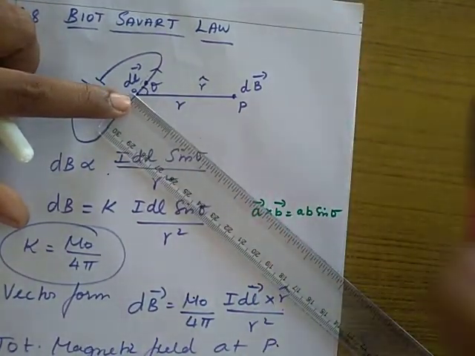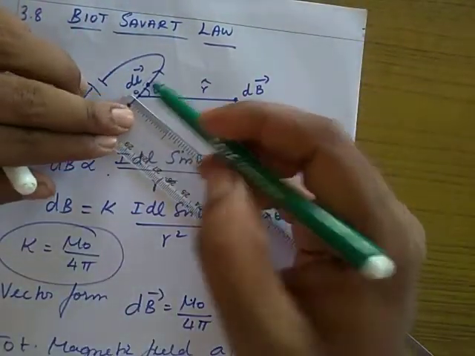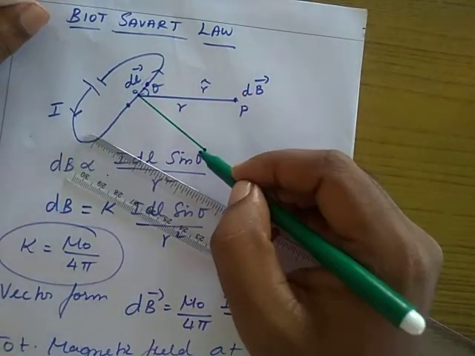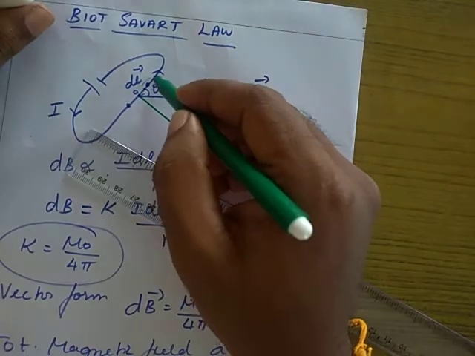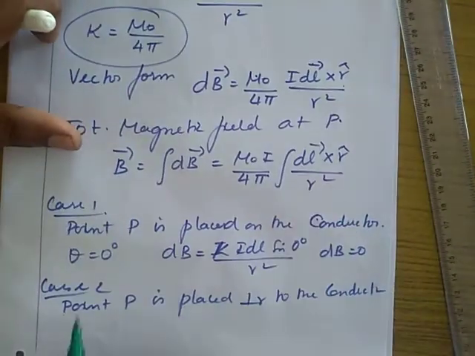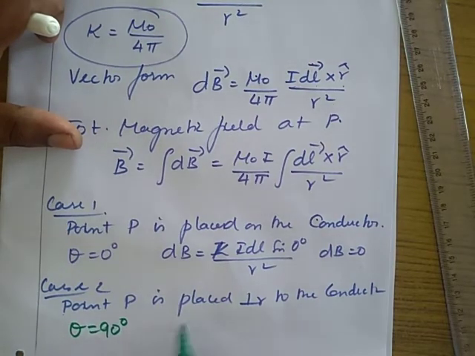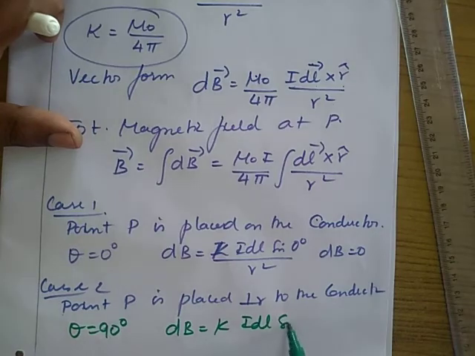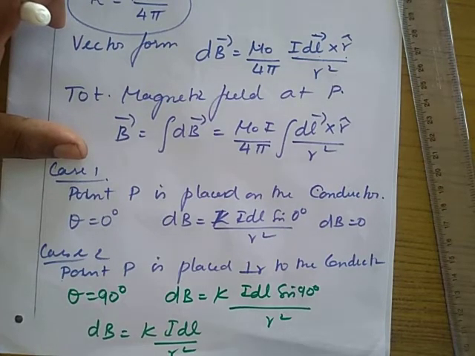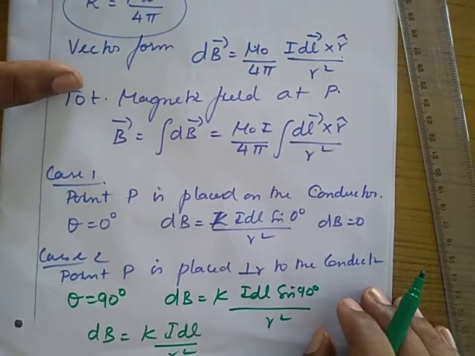If the point is here, then theta becomes 90 degree. In that case dB is equal to k I dl sin 90 degree by r square. We get dB is equal to k I dl by r square. We get the maximum magnetic field.